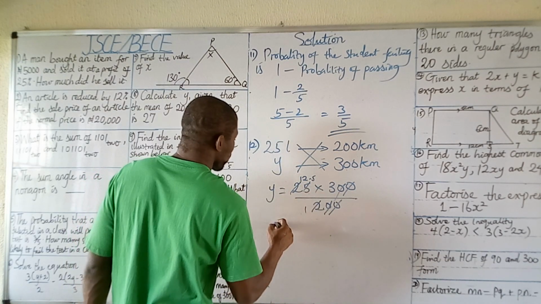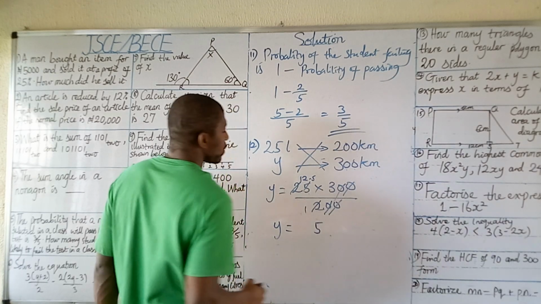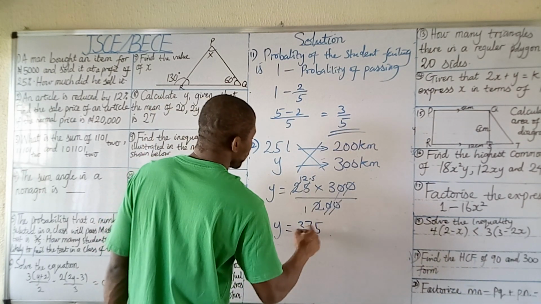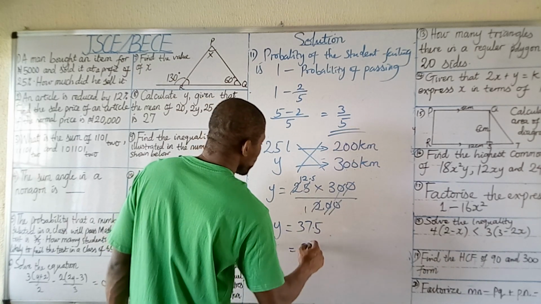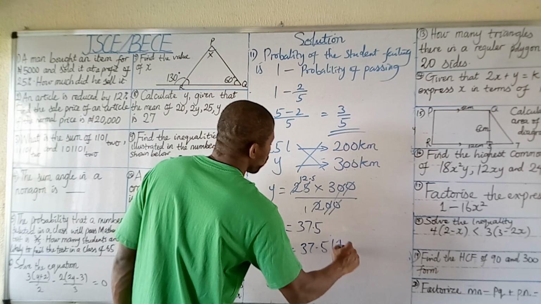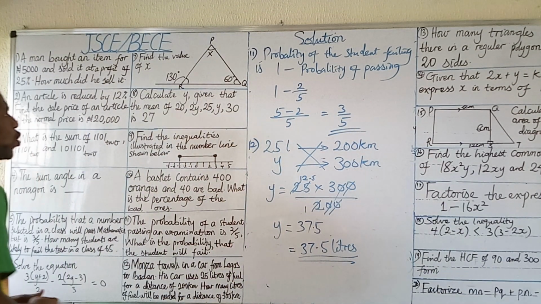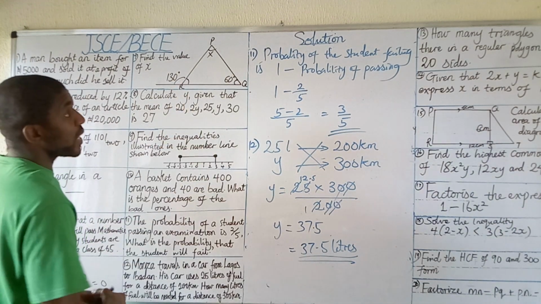So 3 times 12.5, let's see what that gives us. 3 times 5 is 15, carry 1. 3 times 2, 6 plus 1, 7. 3 times 1, 3. I mean, let's move the decimal place 1. So he will be needing 37.5 liters of fuel for a distance of 300 kilometers. Okay, that's settled. We move over to question 13.